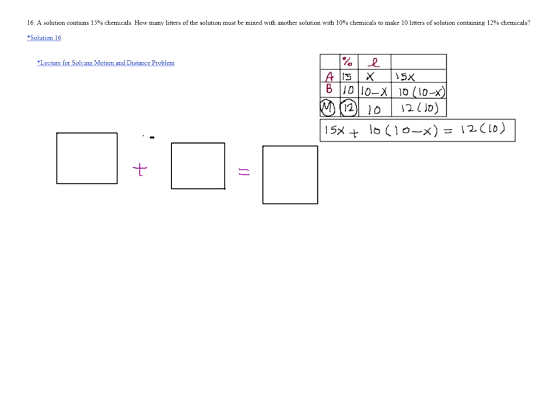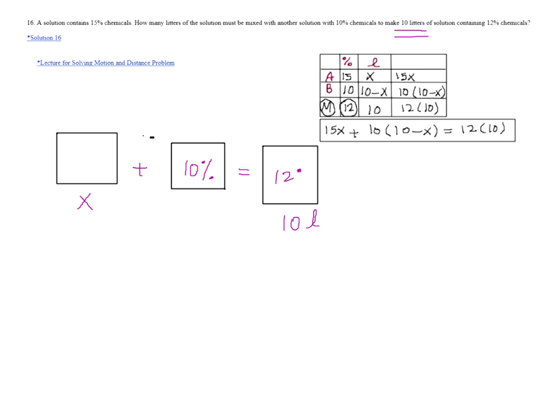So I'm going to call this x liters. I don't know how many liters I'm going to use. With another solution with 10%. Another solution, I don't know how much, but I know the strength is 10%. To make 10 liters. Ultimately, I know the total amount would be 10 liters, and you want 10 liters of the solution that contains 12%.